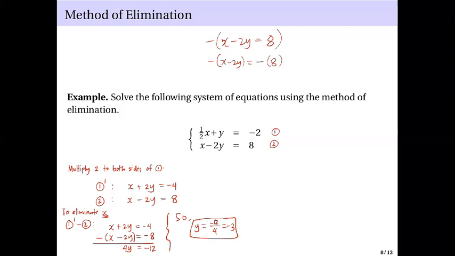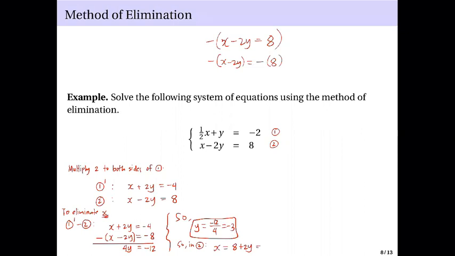So anyway, we continue. We got y equals minus 3. So we can use either equation 1 or equation 2. Let us use equation 2. In equation 2, we will have x equals 8 plus 2y, but our y now is minus 3.